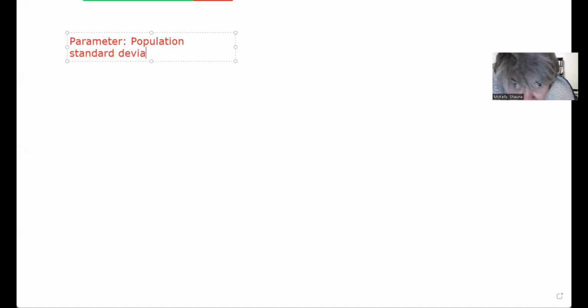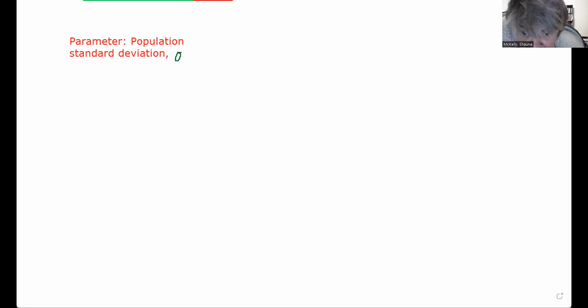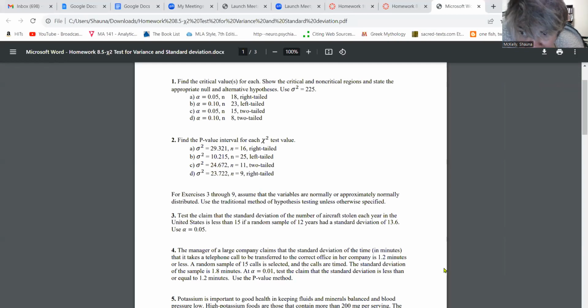The symbol for that is sigma, not sigma squared. Remember, sigma squared is variance. So just sigma. Now, my claim, if you'll remember, let's go back. It says, test the claim that the standard deviation of the number of aircraft stolen each year in the United States is less than 15.